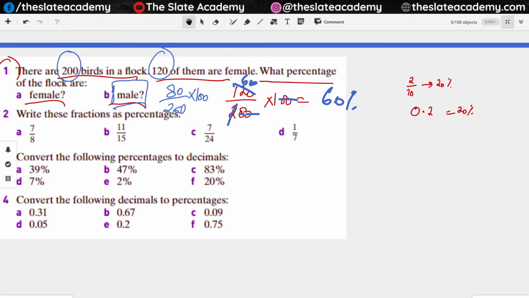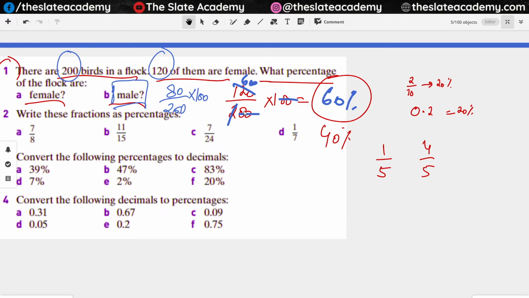And I told you the other way to check it: if 60% are female, the total of all the percentages for any given scenario has to add up to 100, so the rest would be 40%. For example, let me give you two fractions. One is 1 out of 5 and the other is 4 out of 5.